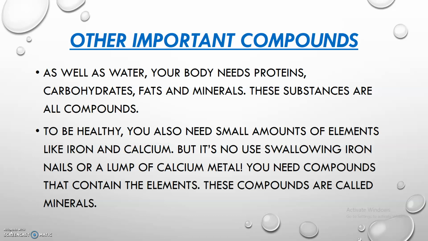Maybe it may even cause a death. Anyways, but you need iron and calcium. So is it irony? No. Actually, your body requires iron and calcium, but not in that raw form. It should be taken in as minerals. Okay, these compounds are called minerals.